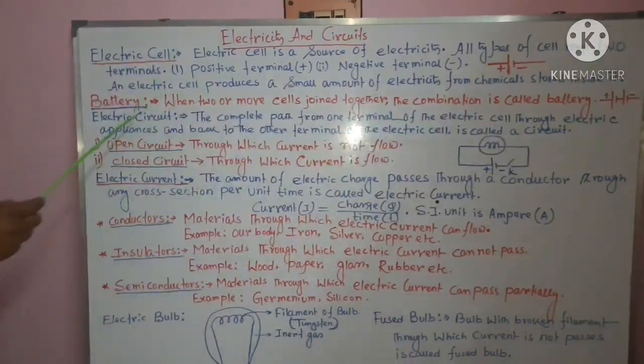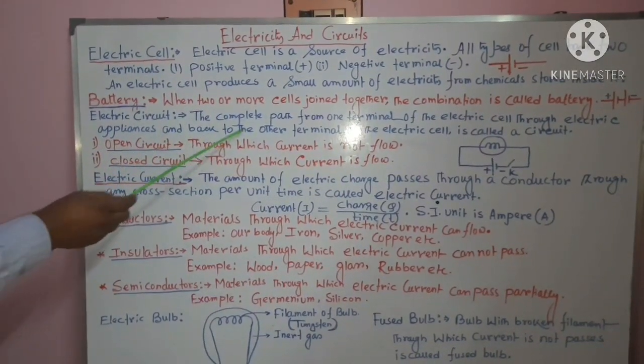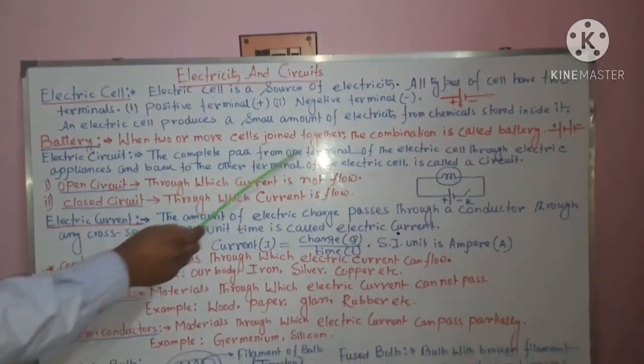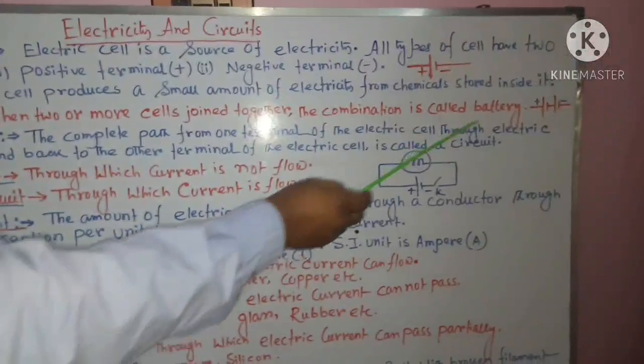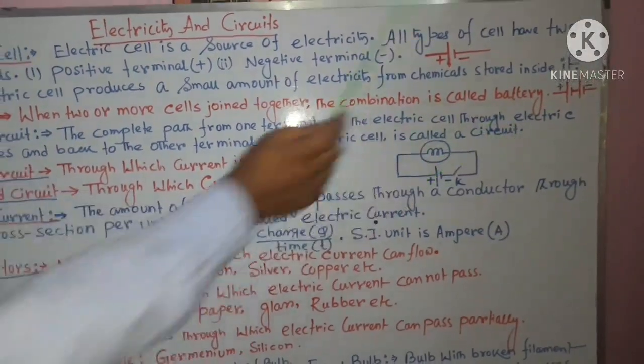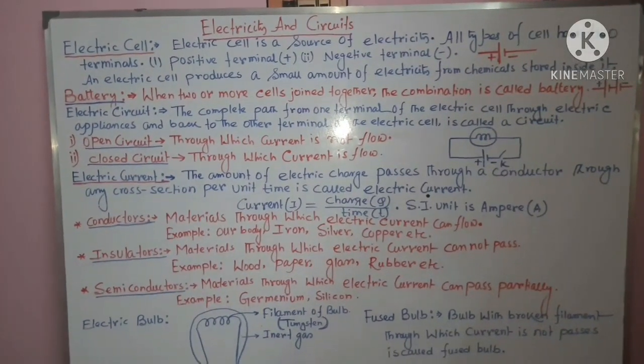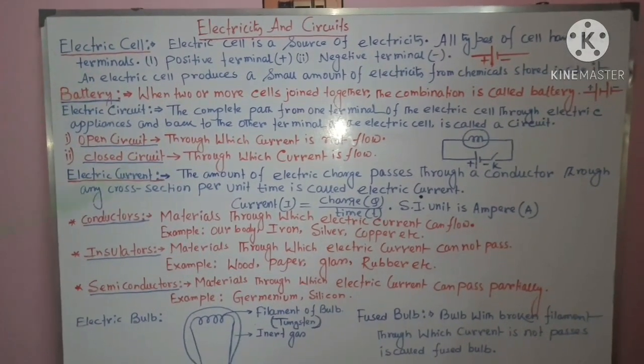Through electric appliances and back to the other terminal of the electric cell is called a circuit.